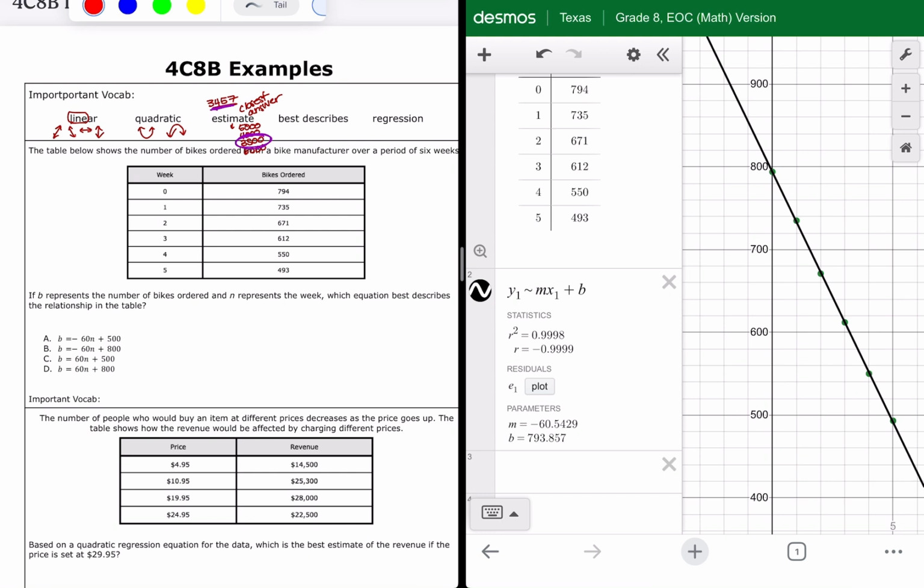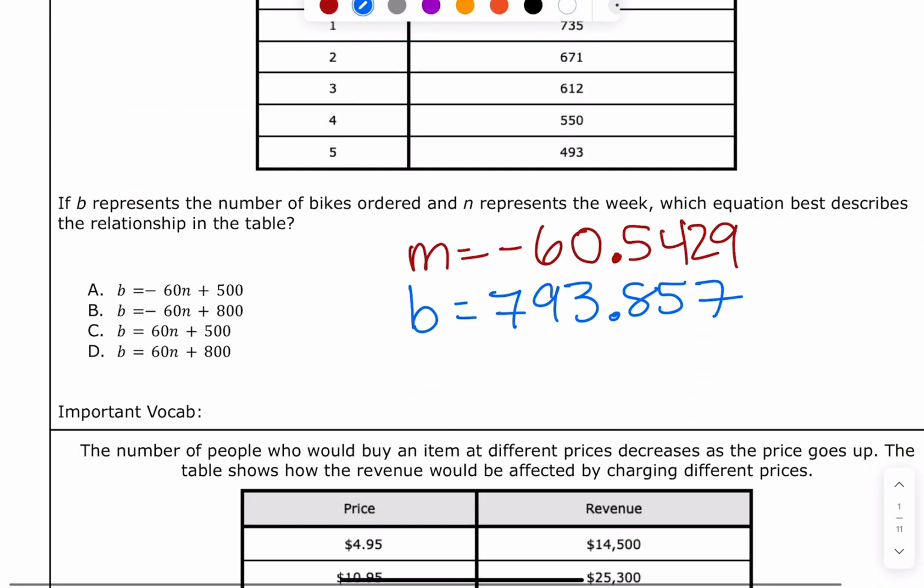I have m is equal to negative 60.5429, and I have B is equal to 793.857.